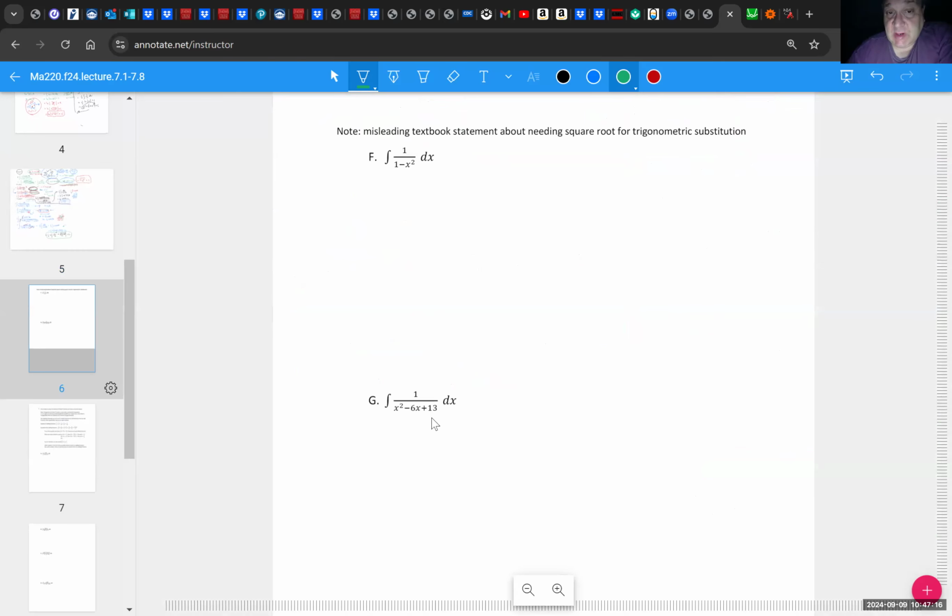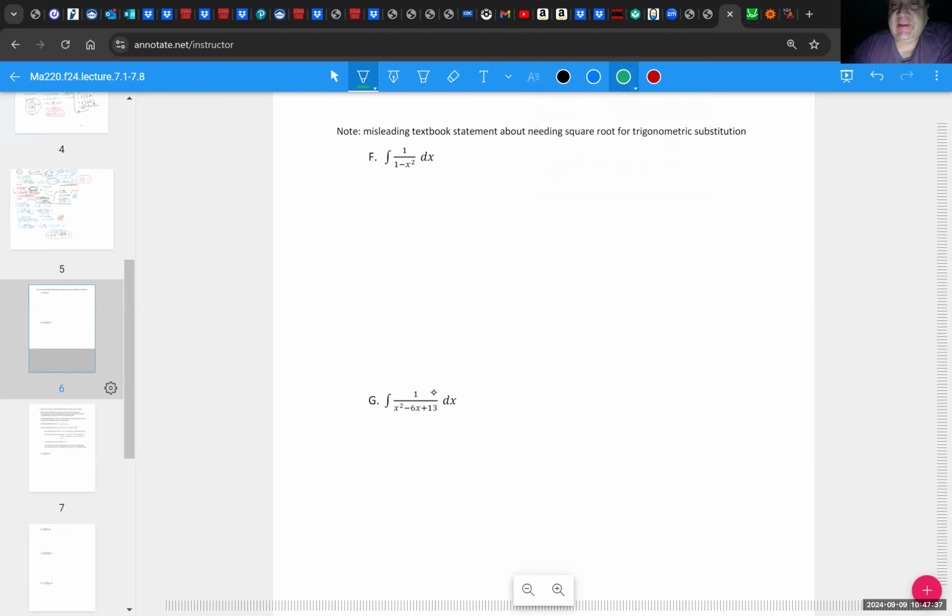All right, so these are the last 2 problems I was talking about. The antiderivative of 1 over 1 minus x squared dx. The reason I have this one is that for those of you reading the textbook, which is great if that's helpful for your learning, there's a statement in the book about the necessity of having square roots.